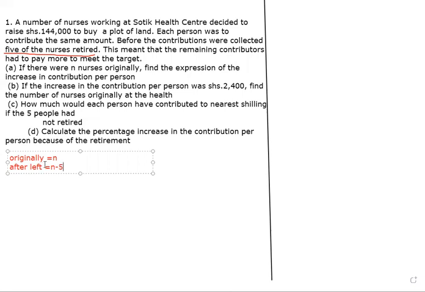So the remaining number, after others have left, the new number of members will be equal to the new number of nurses. The new number of nurses that we have is n minus 5. N minus 5 can be any number. It can be 50, it can be 10, it can be 60.